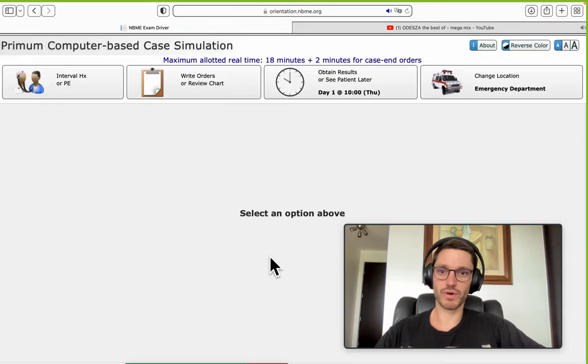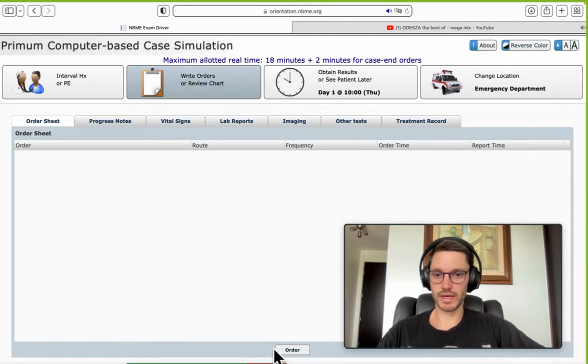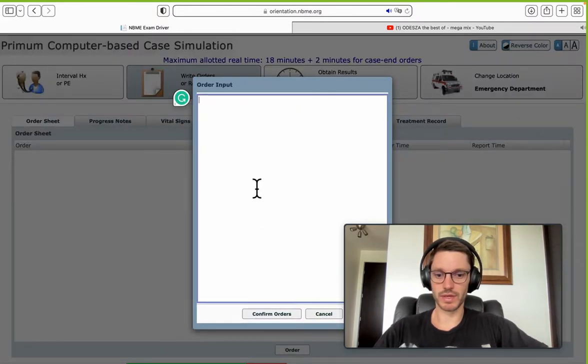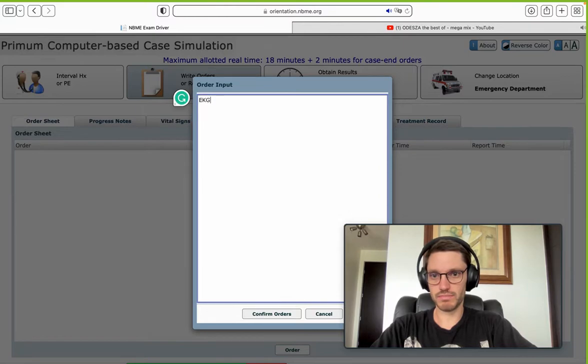So first off, before a physical exam, I would like an EKG. So I'm gonna ask for the EKG. I want her monitored, telemetry. I would also like a chest x-ray, not yet.